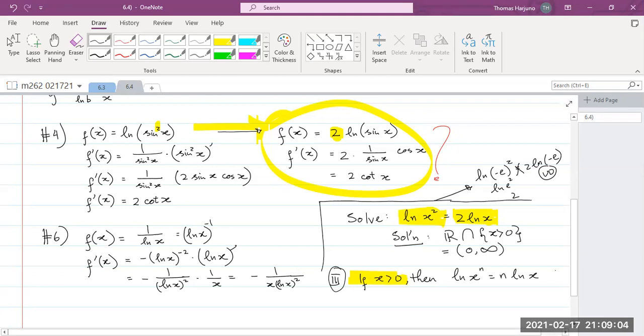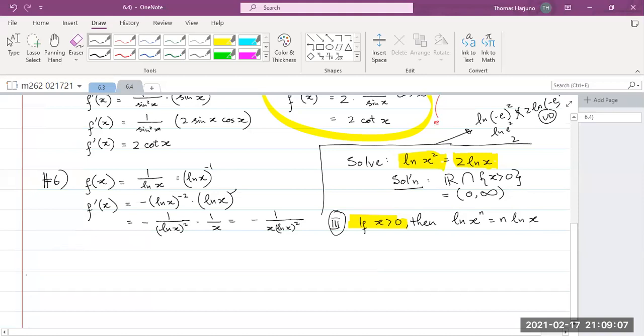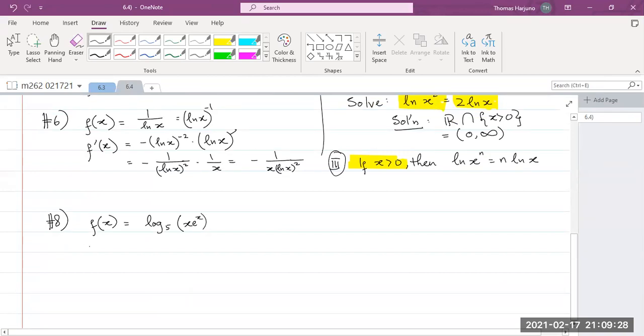How about number 8? Number 8, f(x) equals log base 5 of x e to the x. Now, because the base is not base e, for the derivative you need to do the change of base first. 1 over natural log of 5, to change the base to natural log.